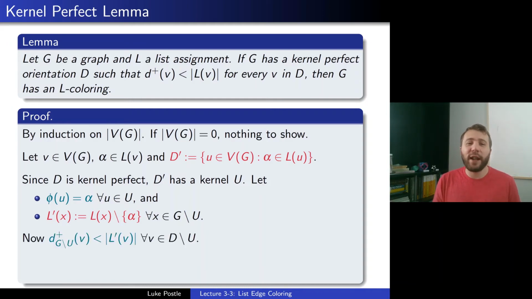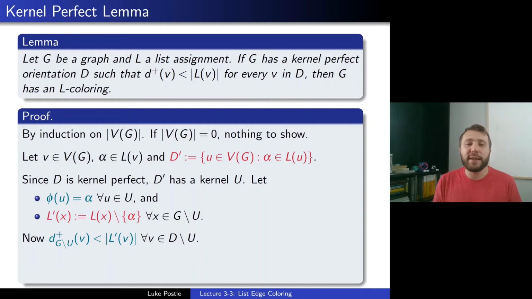Well, what happens to the list sizes? Outside of D prime, they don't change, so that's good, because then they still satisfy the condition that they're greater than the out degree, because we're just deleting some vertices. We're going to delete the vertices of U, because we've already colored them, and see if we satisfy the condition. So that works for the ones outside D prime, but it also works for the ones in D prime.